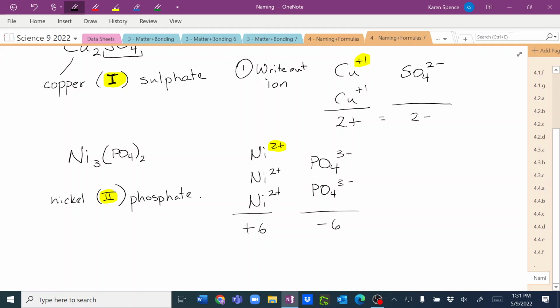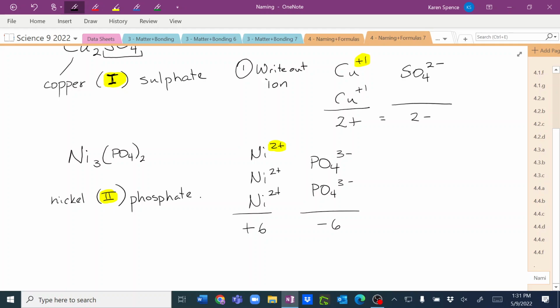Angela, just be a second. Thomas. Okay, so you are putting prefixes on everything. Yes? Prefixes are only for covalent where you have non-metal and non-metal.